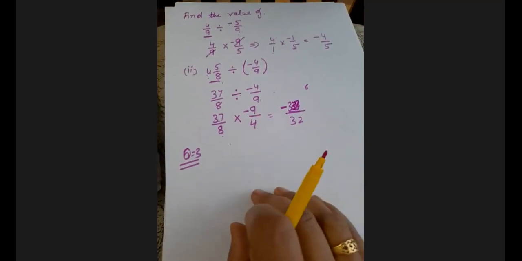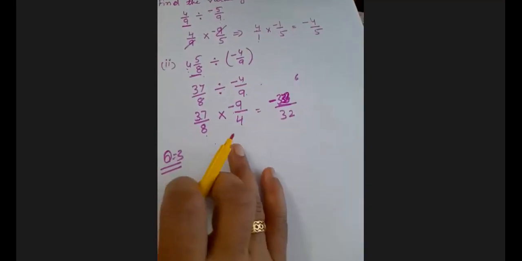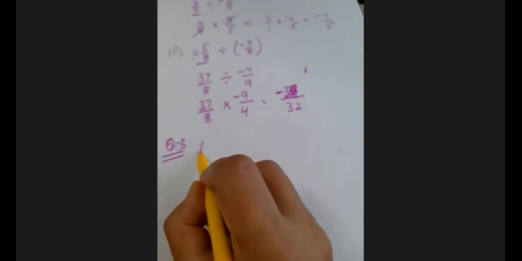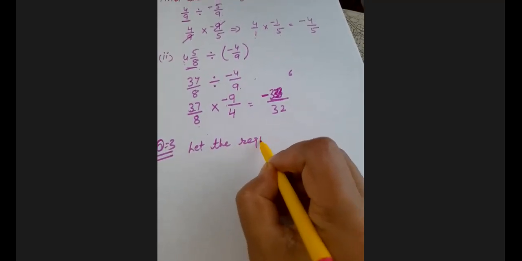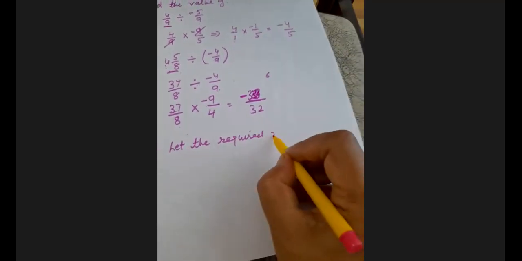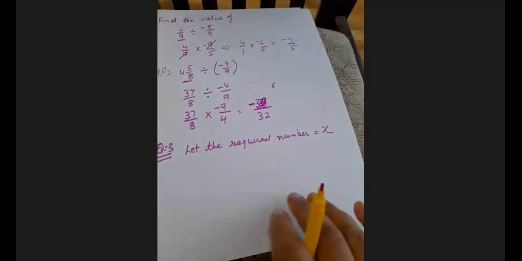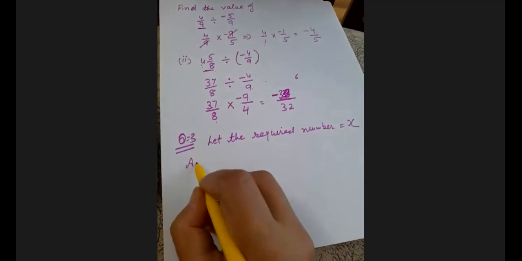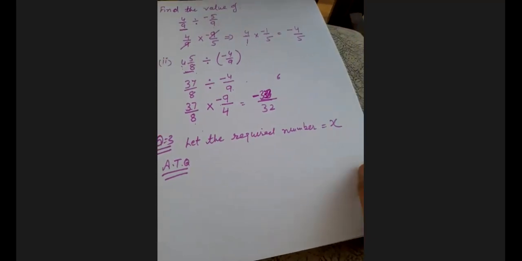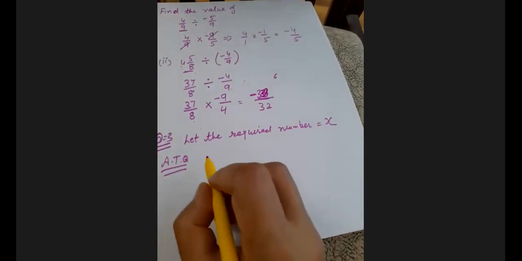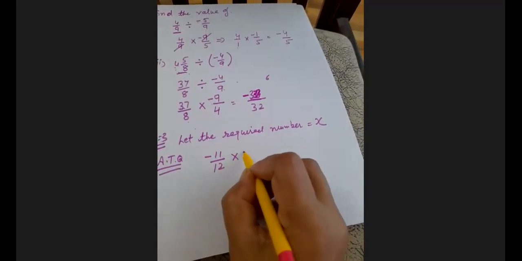So first, students, we will write, let the required number be x. Now, according to your question, the product of two rational numbers means product of minus 11 upon 12 and x.